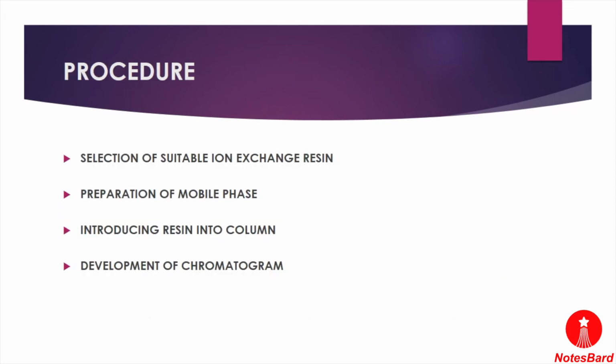Now let's understand the procedure or working method of ion exchange chromatography. As we have discussed in our earlier slides, there are different components or instruments used in this method. The separation is carried out mainly in columns packed with an ion exchanger, and there are two types of ion exchangers.